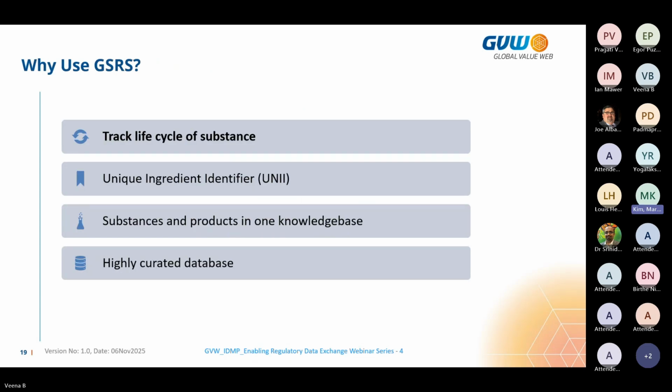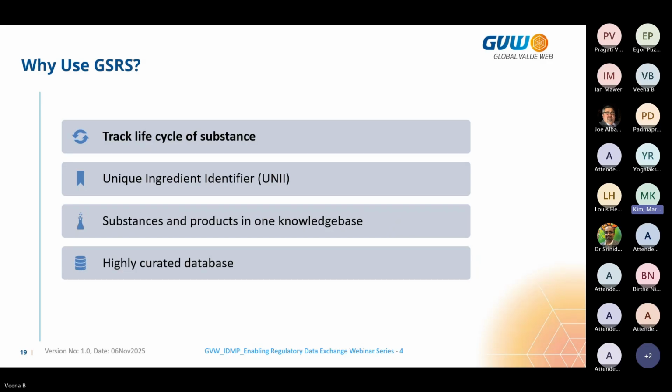So why use GSRS? Our main focus is substances, but why use it for anything else? Well, our system GSRS is not just a website. We have software and we have applications inside. And we also have a team that can help you. So if you wanted to install GSRS on your own computer and have access to all the unique features that FDA has, that's something we can help with.